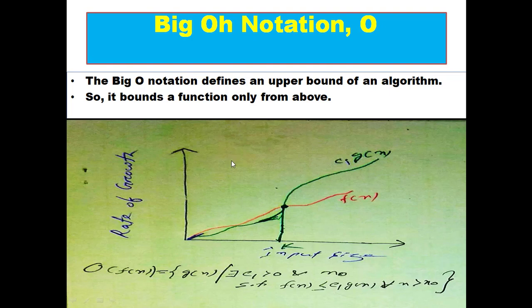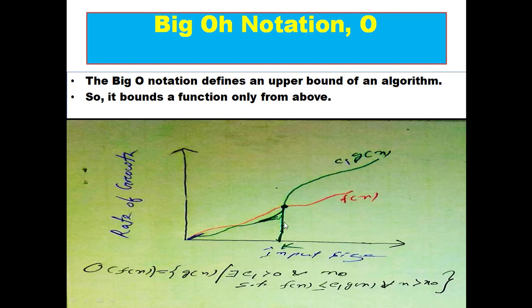It will be more clear if you look at this diagram. In the diagram, you will see that we have this x-axis and this y-axis. In the x-axis, we have input size, meaning in this direction input size is increasing, and in this direction rate of growth is increasing.